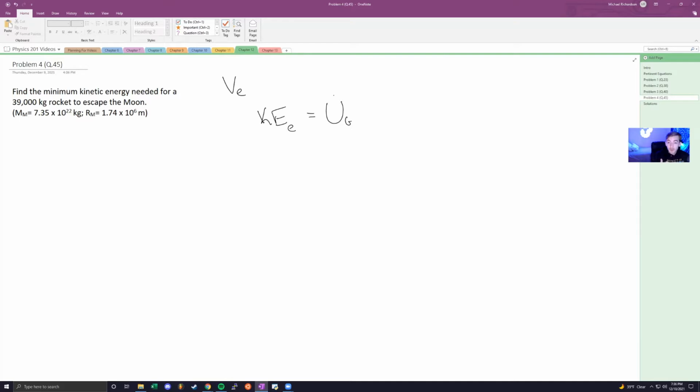In this case, the rocket. So we're going to find that the mass of the rocket actually gets canceled out here, but we'll go more into that in a second. Actually, we can do it right now.